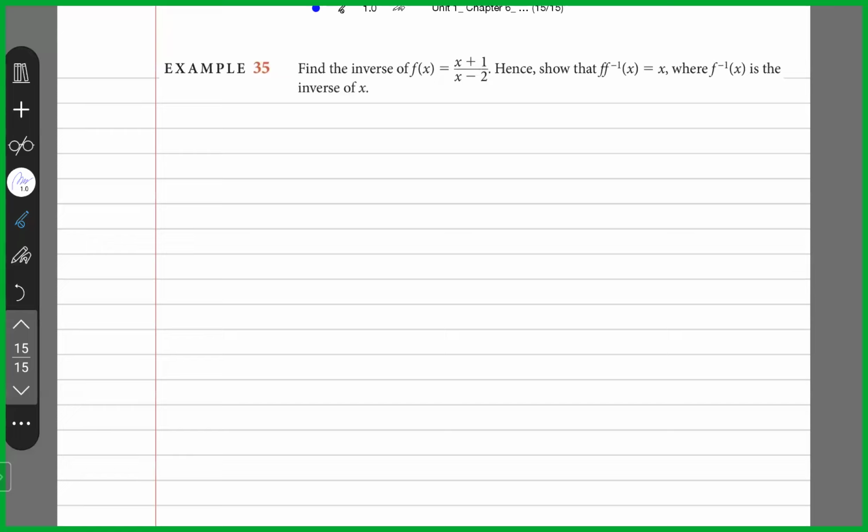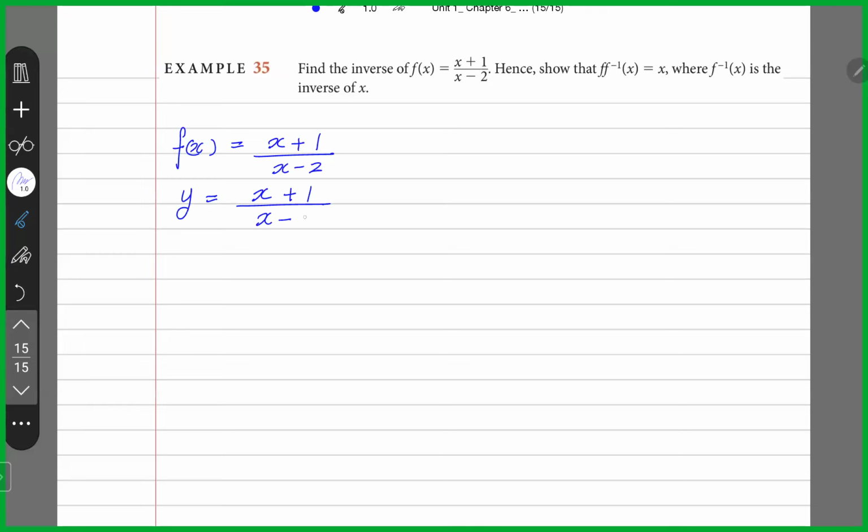So in example 35, we're asked to find the inverse of f of x is equal to x plus 1 over x minus 2. Step 1, replace f of x with y.